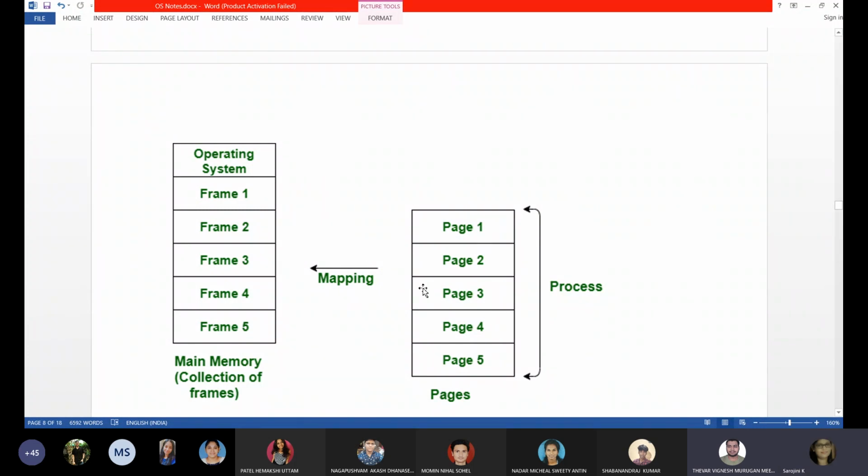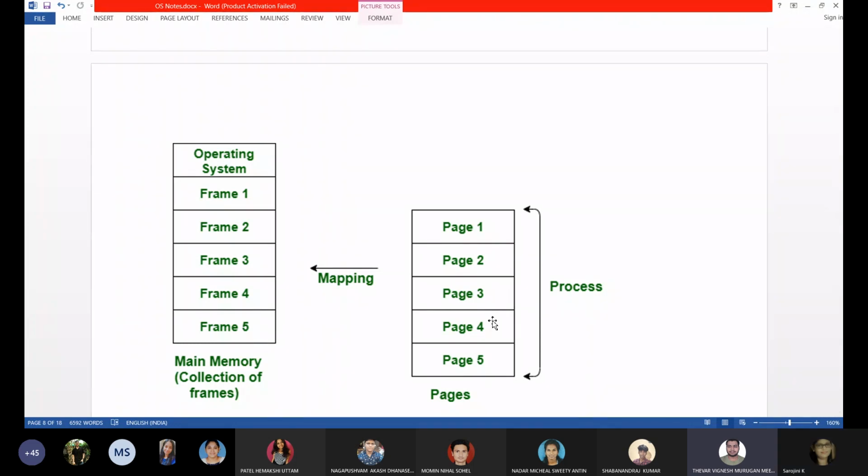The sizes of the pages are the same. All the frame sizes are also the same, and the frame size as well as the page size is equal. If this is 1 KB, every frame is 1 KB, and of course the page will also be 1 KB. Paging is a fixed size partition.